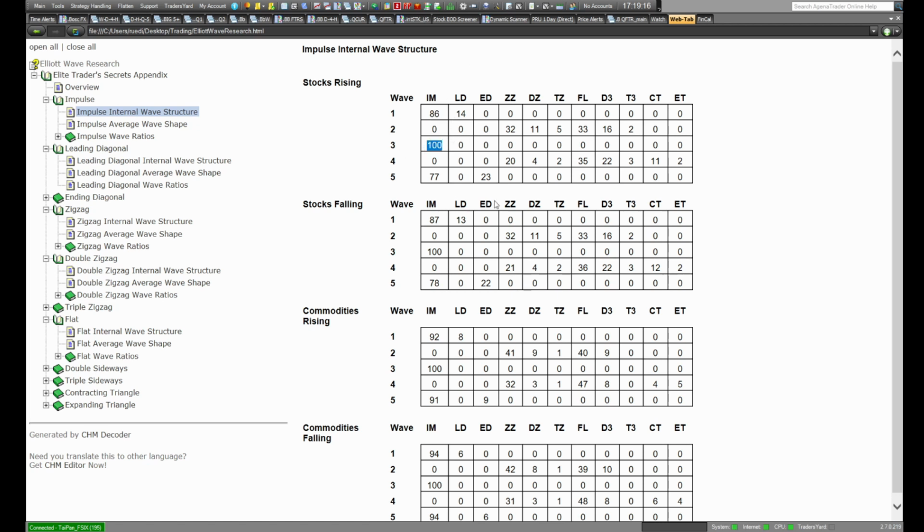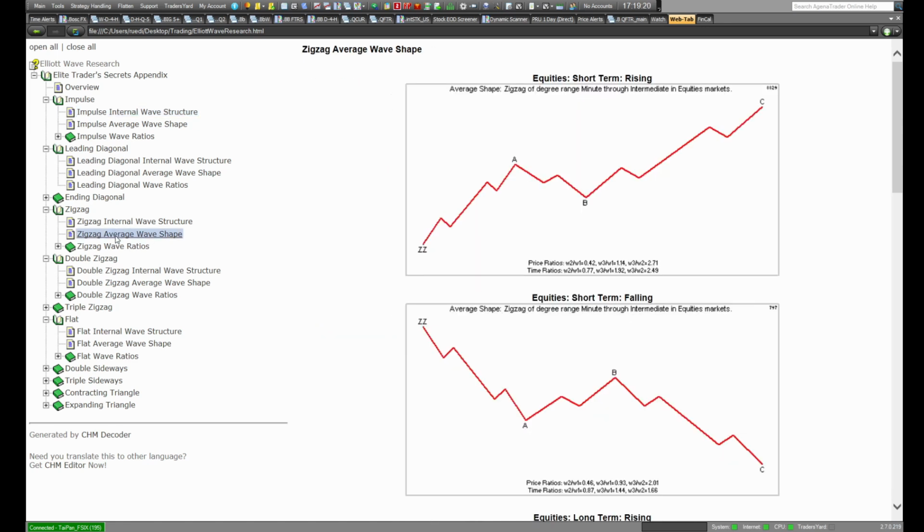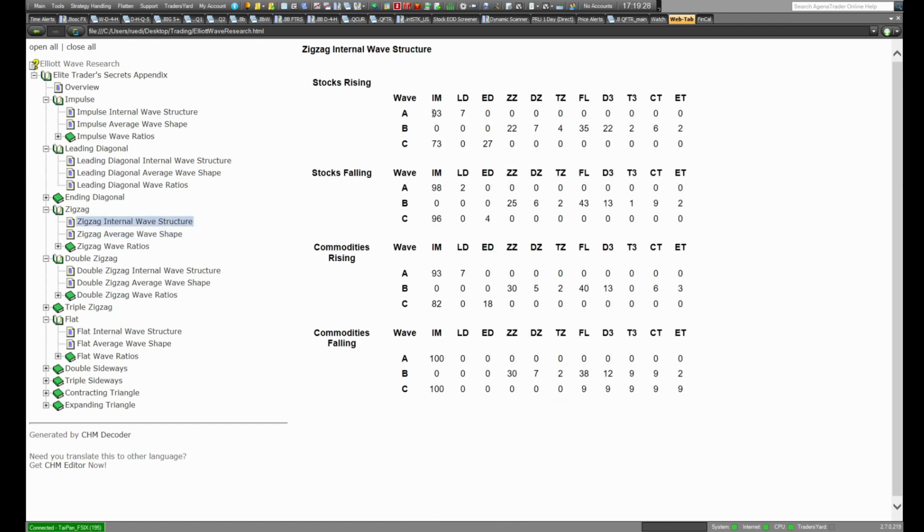So let's check these number plates here with the zigzags, the internal structure. Let's have a zigzag. The zigzag was the first one, an ABC to the downside, followed by another impulsive move. How does it look? The first one is impulsive. The second is corrective. It's exactly the same as we have in an impulse with the second. We have a little bit different corrective distribution here, a little bit different numbers, but it's exactly the same.